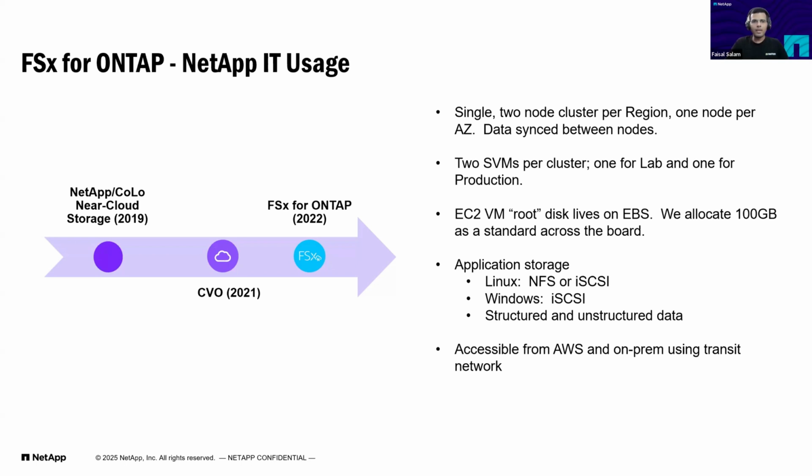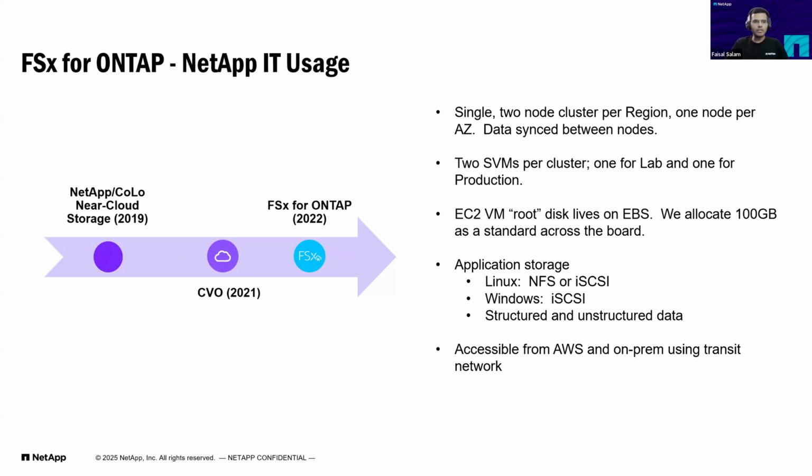Because it's ONTAP, we have all of the security and storage efficiency features that come with the operating system. And as this lives in AWS, we have the benefits of the cloud consumption model. With CVO, however, it does require manual management, including licensing and software updates, and we still have to take care of all of those aspects.